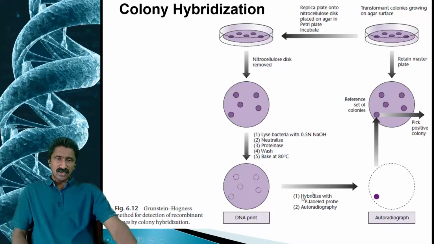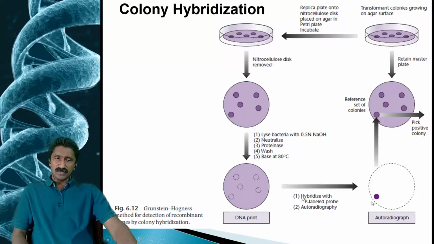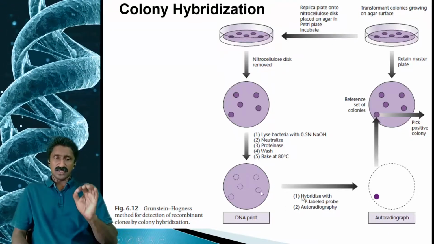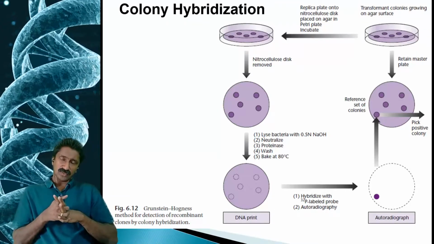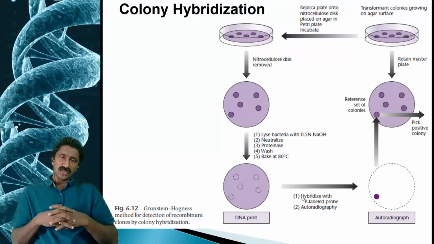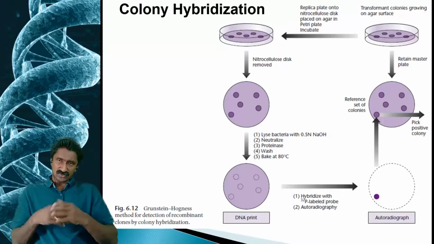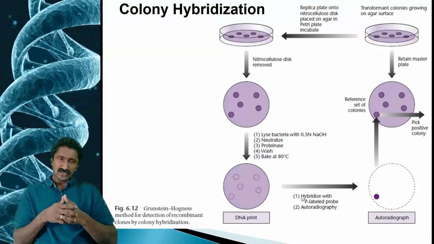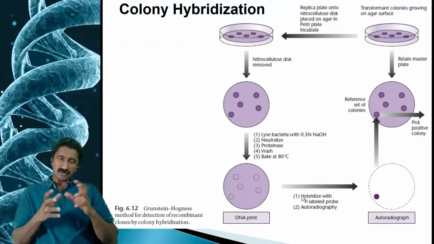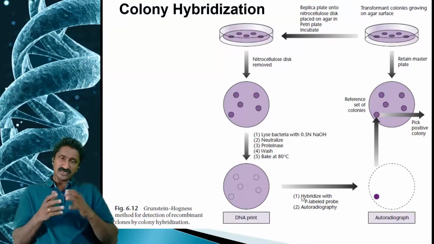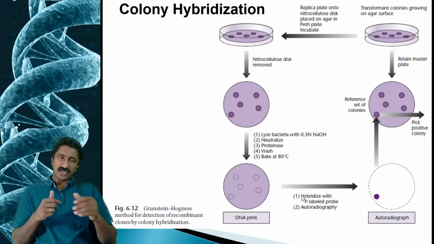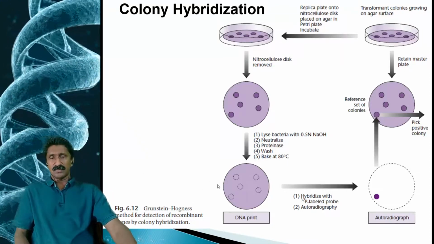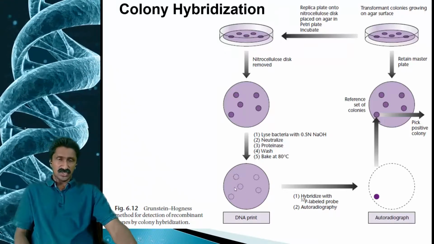Then you can hybridize it with a P32 labeled radioactive probe, which is specifically designed to target a specific sequence. So DNA hybridization is actually sequence specific. If you are looking for a particular gene, for example the insulin gene, then you can design a probe against the insulin gene, label it with P32, and apply it on this nitrocellulose membrane.